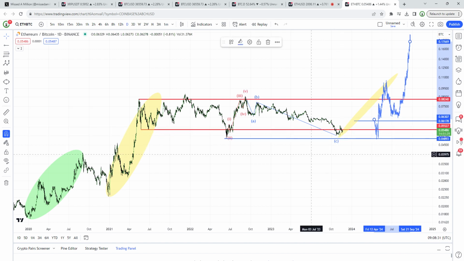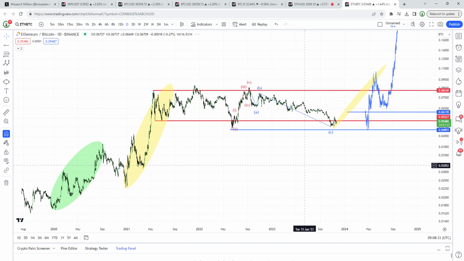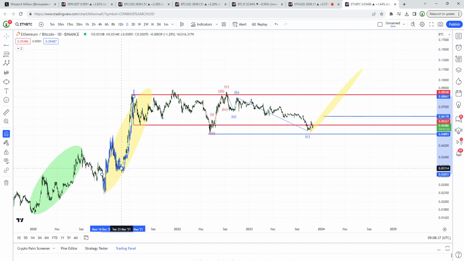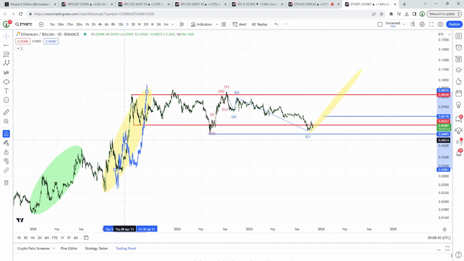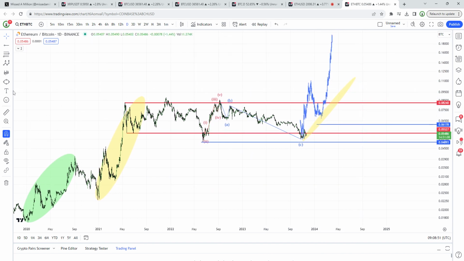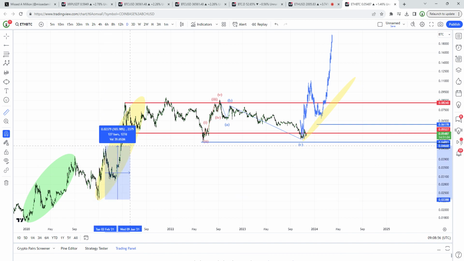The fractal that we would be overlaying here would be the same time frame, so the December 20 up until May 21, even though the USD pair did go higher eventually. That's the fractal that we would be using. Now, if we measure the increase here, this impulsive move gave us 100%.